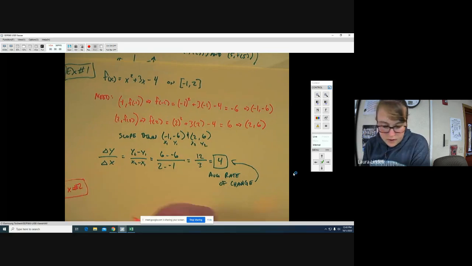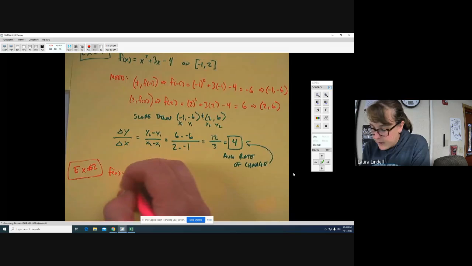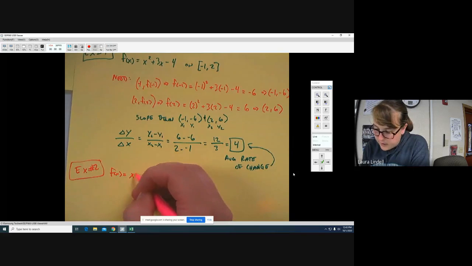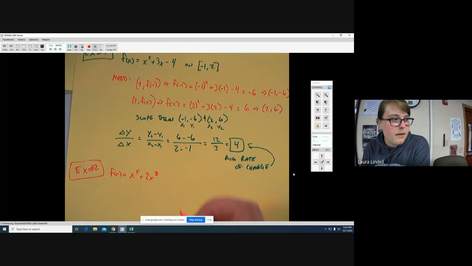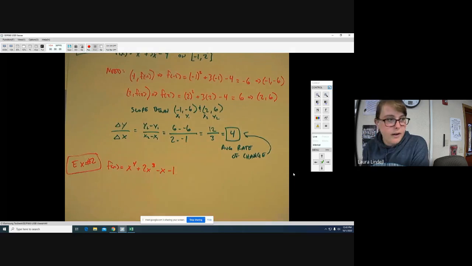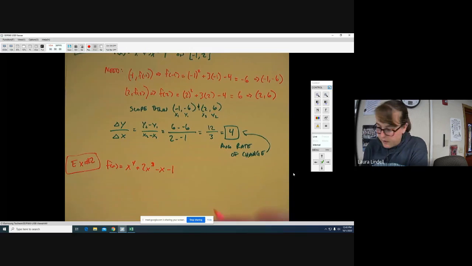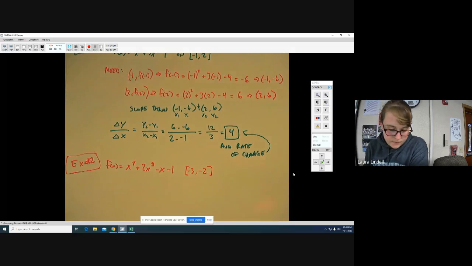For this one, we are going to have our function f(x) = x to the 4th + 2x to the 3rd. That's a 3, I promise. Minus x minus 1, on the interval -3 to -2.